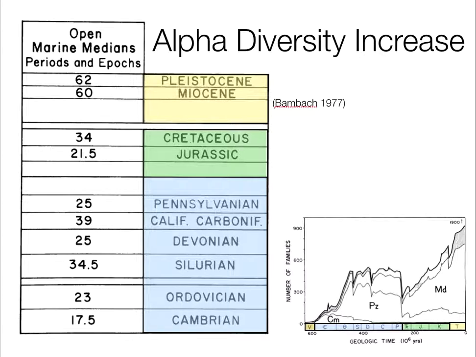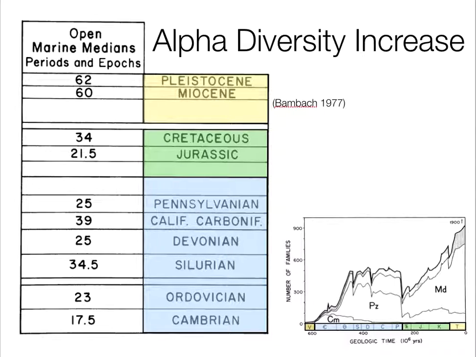This suggested that the global curve was actually telling us something primary, because local diversity is not subject to rock area bias. That bias lowers apparent beta diversity, not alpha diversity.